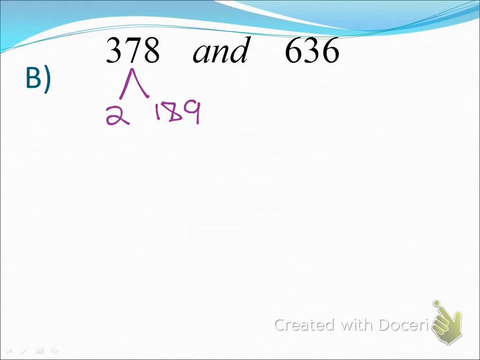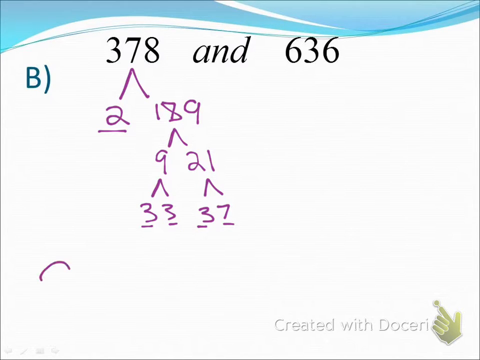Yeah, that works. All right, 189. 9 times 21. How do I break the 9 down? How do I break the 21 down? 7 and 3. Very good. So right now I have 2 times 3 to the third times 7.